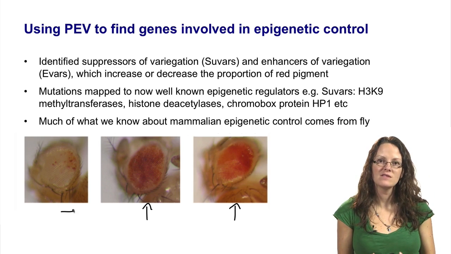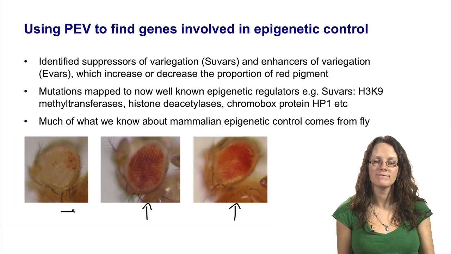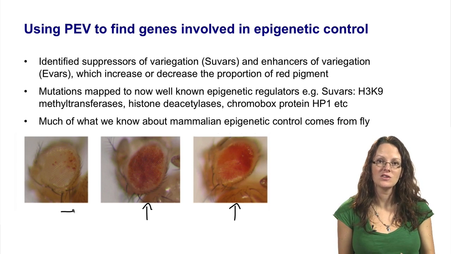So these are suppressors of variegation, and because you get more activation, you would expect that the mutations occurred in a repressor protein. Secondly, they identified enhancers of variegation, or EVARs. In these cases, they increase the variegation, so they result in more white in the eye, and then you expect to have mutated an activator protein.